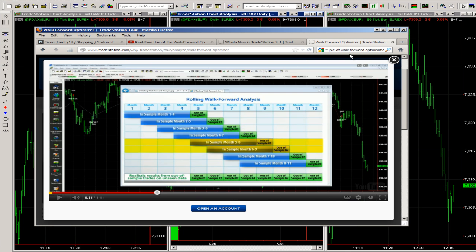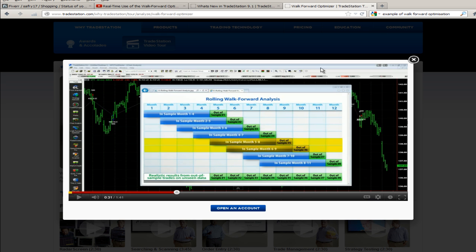The guys at TradeStation have put this together, and you'll see here the rolling walk forward analysis. Can everybody see that? This is a good way of showing visually how the walk forward analysis is done. And I like this. This is basically off their education website where they show the new features of TradeStation.